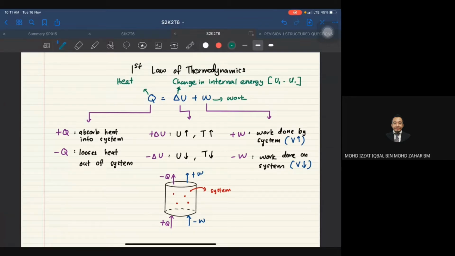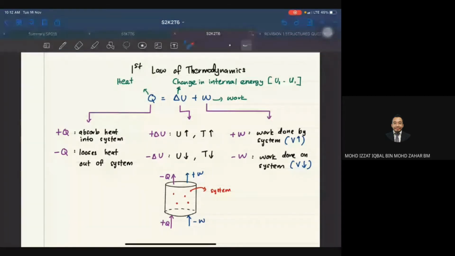So scalar quantity, kalau vector positive and negative represent the direction. But for scalar quantity, positive and negative ada different meaning. In this case, positive Q is basically means that the Q is being absorbed by the system. Okay, when we talk about the system, we're actually talking about the gas.